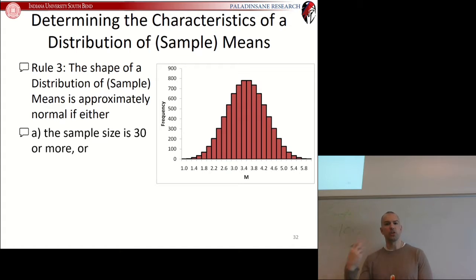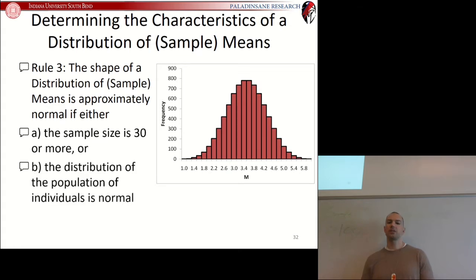The other time that you can know that you're dealing with a distribution of sample means that's approximately normal is if you're starting off with a population distribution that is normal. So for example, IQ scores are normally distributed in our population. So if I had a sample size of 3 individuals, if I only got 3 individuals to participate in my IQ experiment, I know that my distribution of sample means is normally distributed because I know the population distribution is also normal.